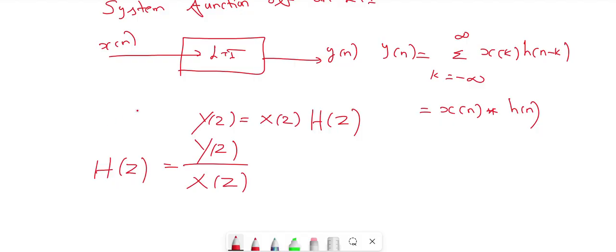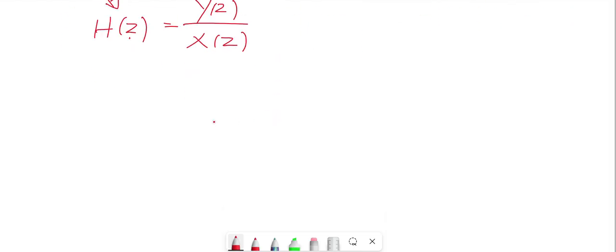The h of z is the system function, the Z transform of the unit sample response of the system, h of n. So for the system function you take the Z transform of the equation.